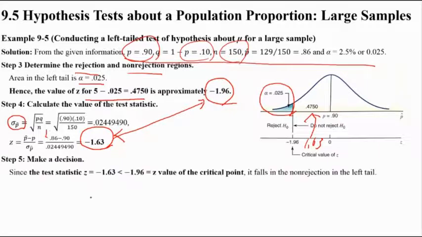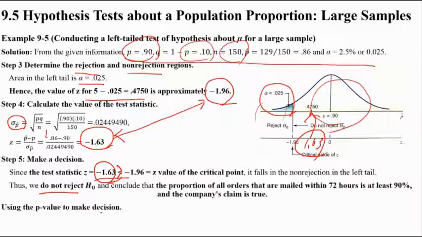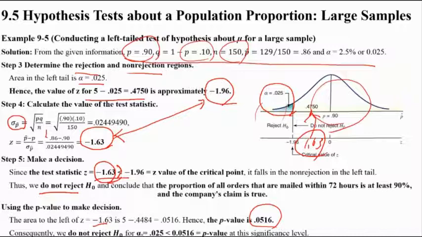So it should be in the non-rejection area, so do not reject. This is the non-reject area, this is the reject area. The p-value also: we change 1.63 to a p-value by subtracting from the table, giving 0.0516. Compared with 0.025, so do not reject, right?